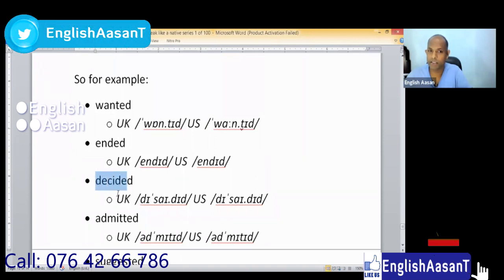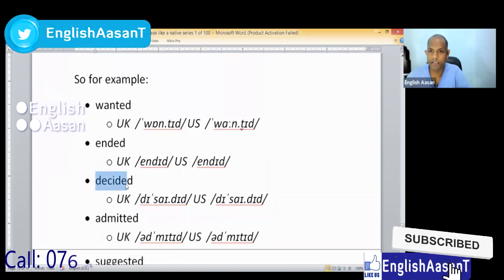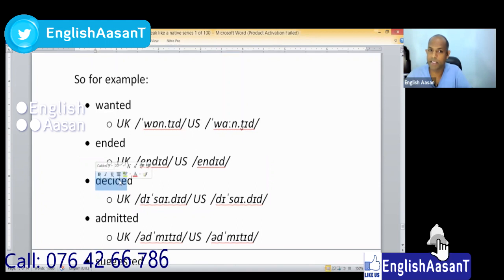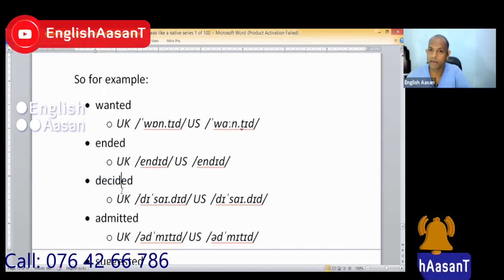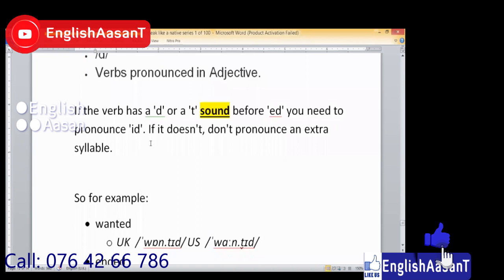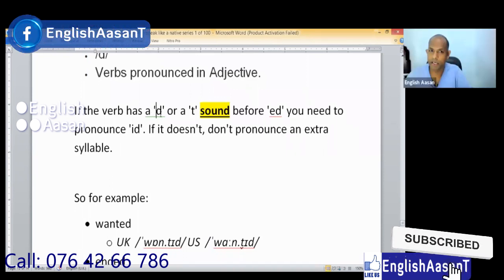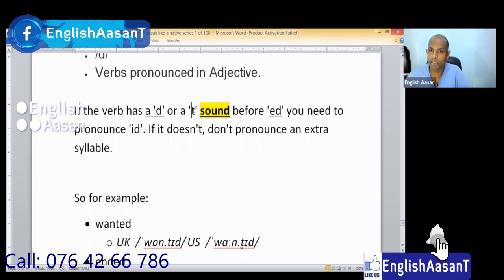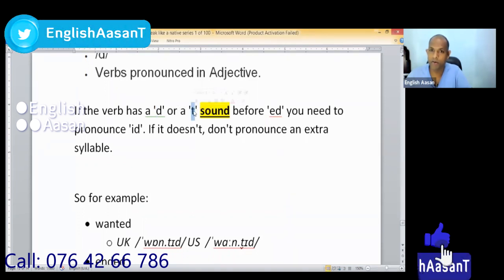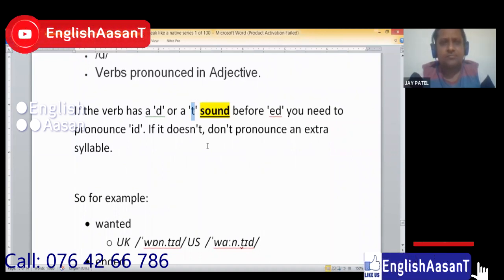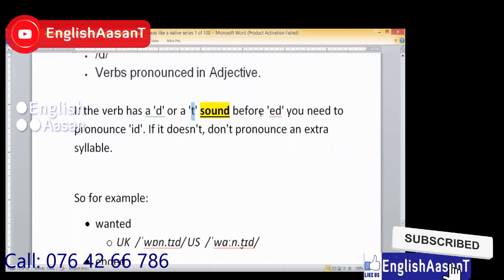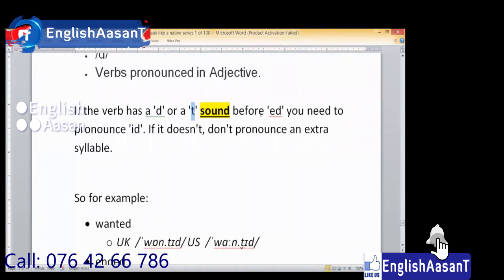Decide finishes in E, not D, but the sound is D. So when a verb finishes in D or T sound, not letter, but sound, make it id. Okay, thank you. Is that clear? Yeah, thank you, sir. Great.